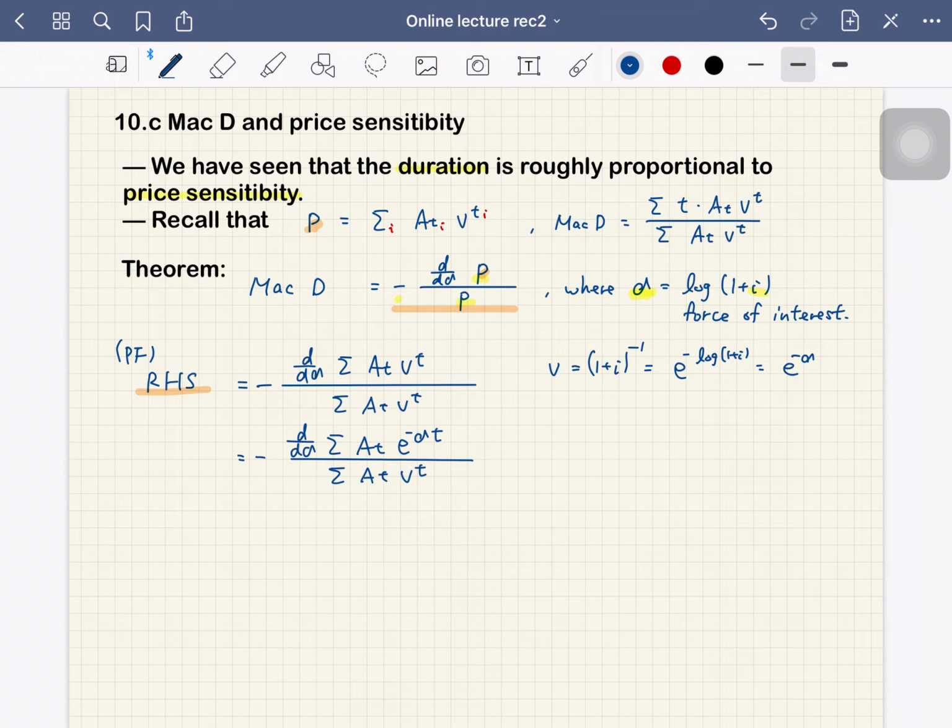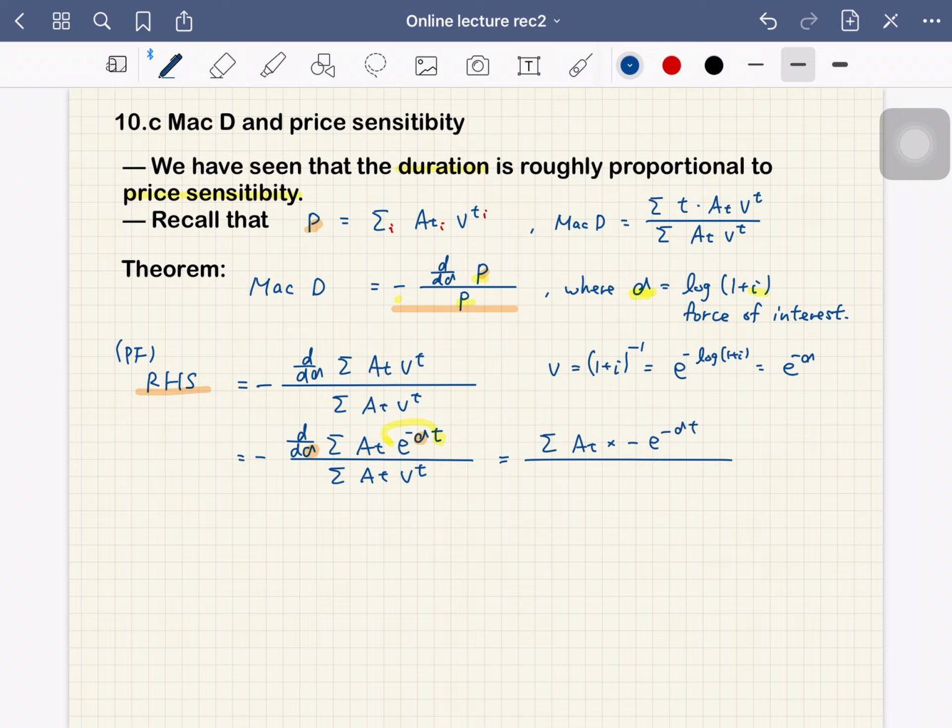Then we can differentiate with respect to delta. This is an exponential function, so this t comes before the exponential function. So actually this becomes a negative t: summation of a sub t times negative t e to the power negative delta t.